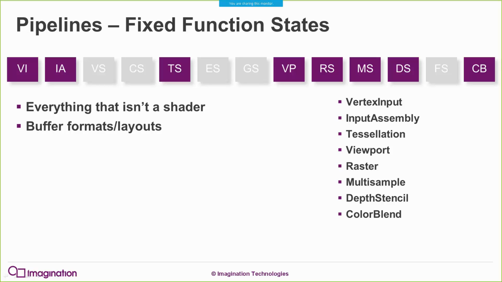Now the problem with this is that in OpenGL, you don't provide the fixed function states at the point in time you compile your program. You just provide the shader strings for all the stages and then link them together. What this means is, in an implementation, let's take PowerVR for example, we do color blending in shader code. So you create your program, but you've not given us the blend code.